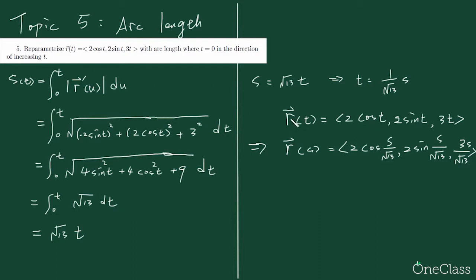Since we have the vector r(t) equal to (2 cos t, 2 sin t, 3t), we can reparameterize r(t) to r(s), which is equal to this one. The only difference is we substitute all the t with s over the square root of 13. Therefore, this question is finished.